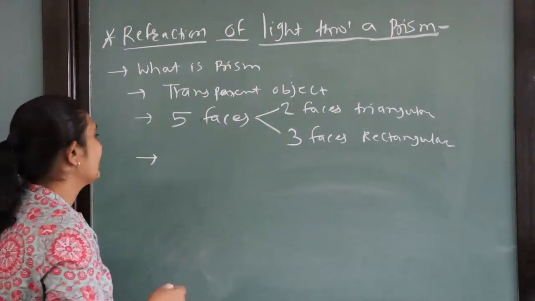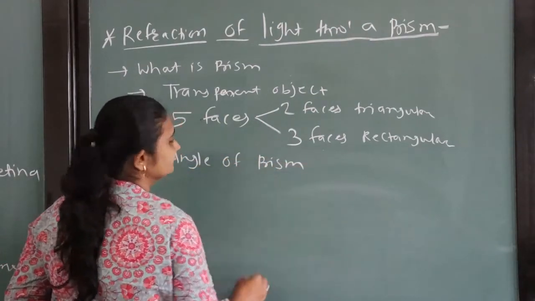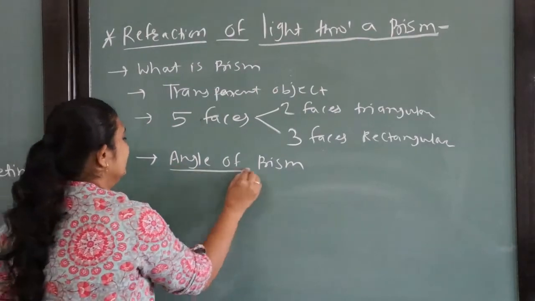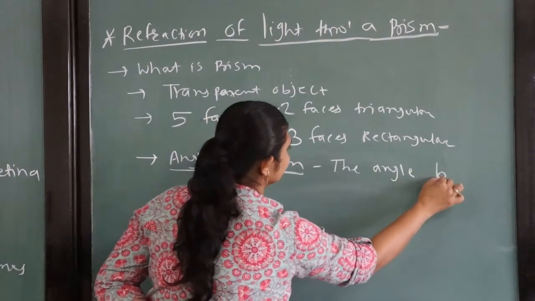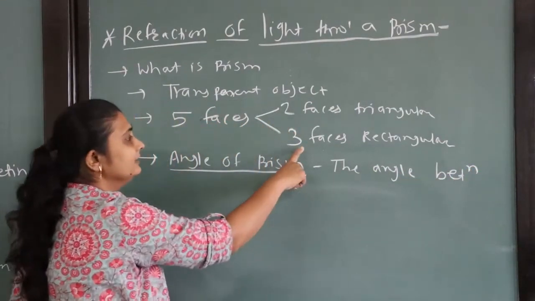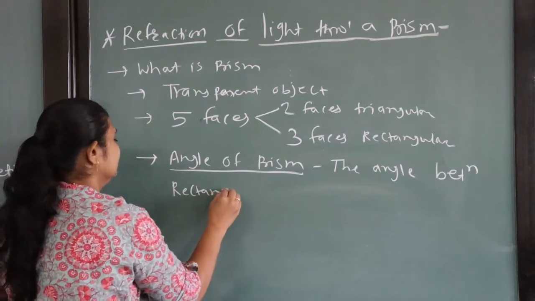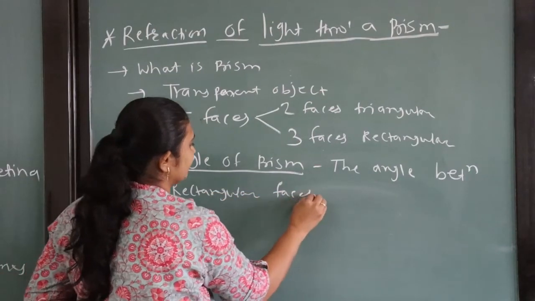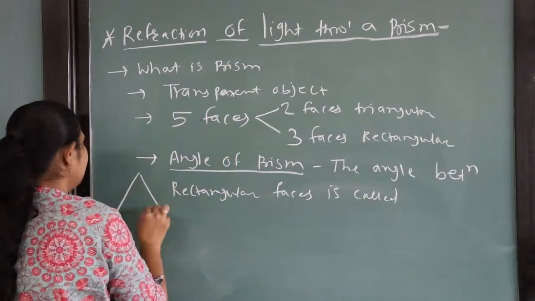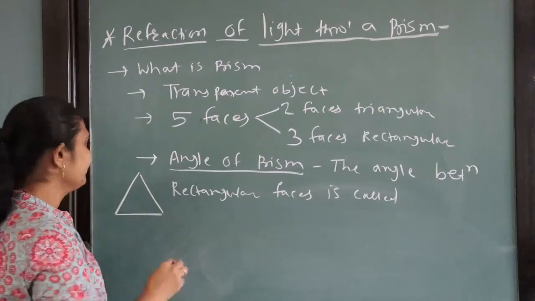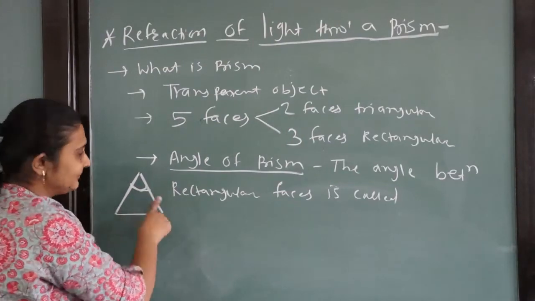Now, angle of prism. The angle between two consecutive rectangular faces is called the angle of prism. Suppose this is a triangular face of the prism, then the angle between these two is called the angle of prism.